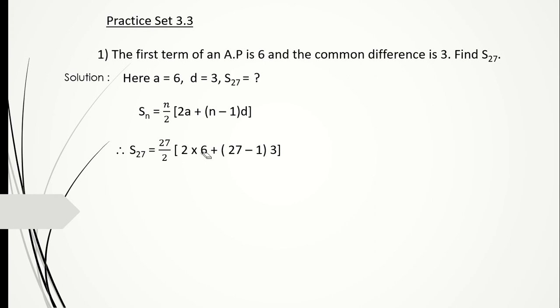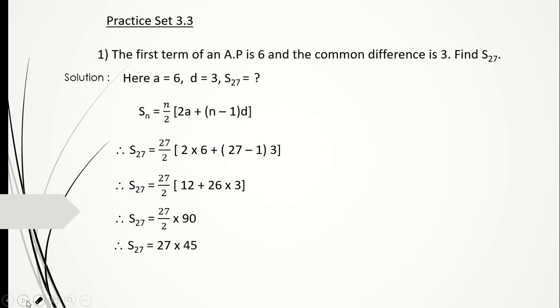Now we will just solve this. 6 twos are 12, 27 minus 1 is 26, and multiply. Okay, now 26 into 3 we will do, and then plus 12 into it. So this addition comes to 90, and then after dividing, 90 divided by 2 is 45. So S27 we got 1250.